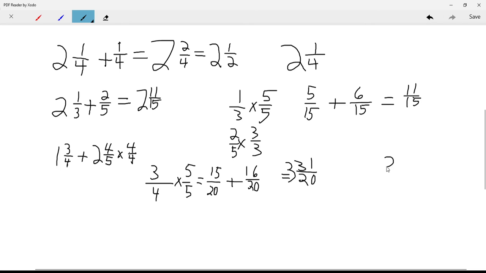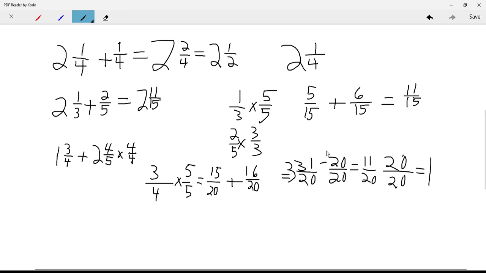I know that 20 over 20 equals 1, right? Because any numerator and denominator that are the same equal 1. So if I were to subtract 20 twentieths from 31 twentieths, it would give me 11 twentieths.